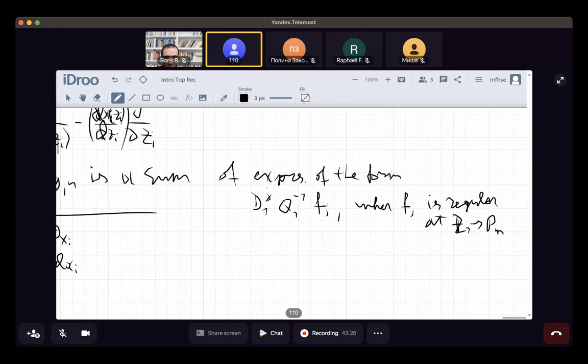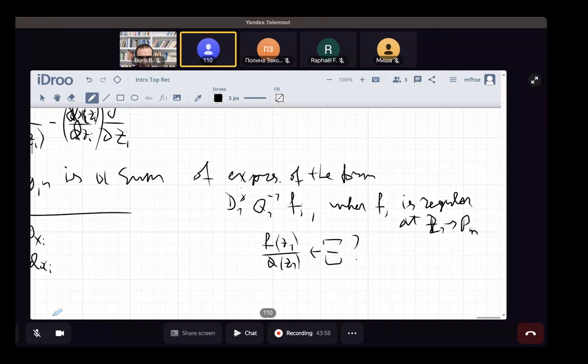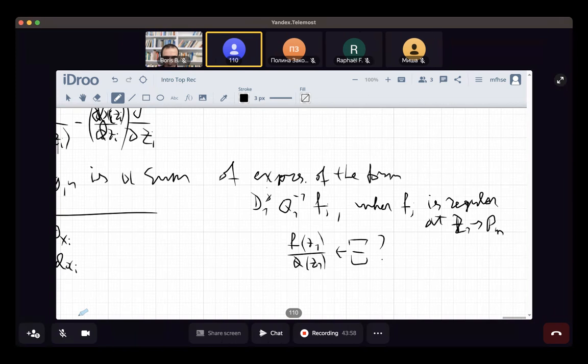But what can I say about functions like this? First of all, can we see that if f is some regular function, does f of z1 divided by q of z1 belong to the space psi? Obviously it does, because q, again, has a simple zero at Pm.